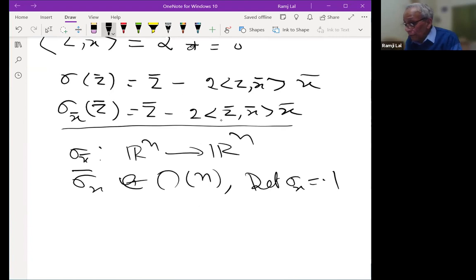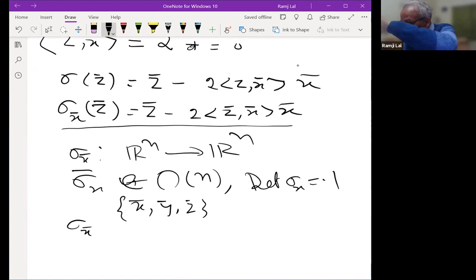And rotation we had already seen. What will be its matrix representation with respect to a basis, which is x, y, z? So what will be the matrix of sigma x? Sigma x of x bar, y bar, z bar. If you take a basis x bar, and y bar, z bar in Px, in the 3 case.